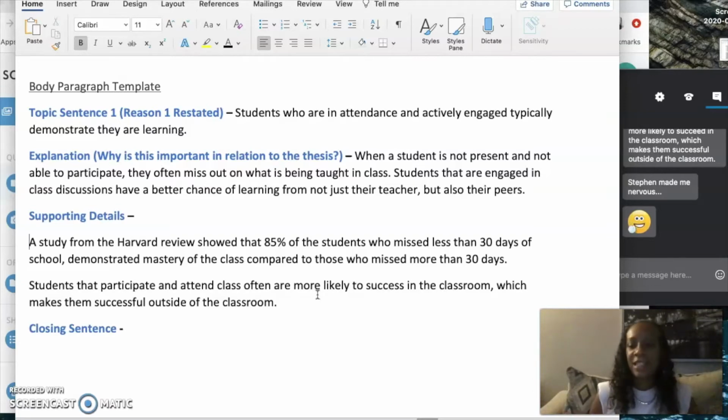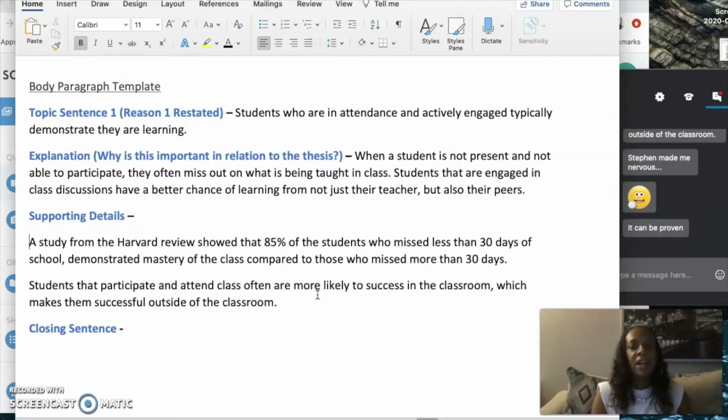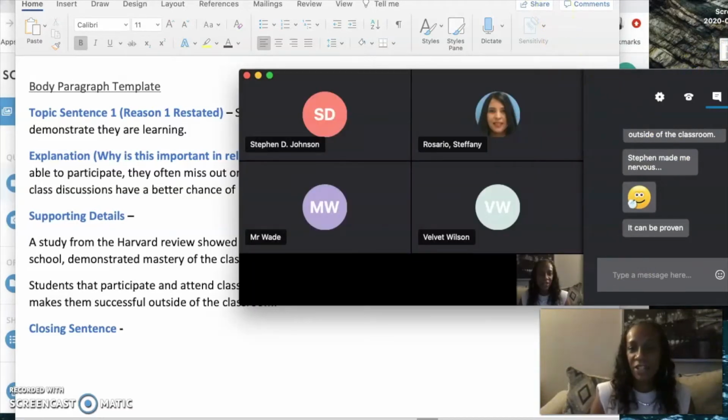Are you guys noticing anything about these two sentences contributed from Stephen and Velvet? Okay, it can be proven. You're right, it can be proven. But okay, Stephen, what are you noticing from these two sentences that you and Velvet contributed?